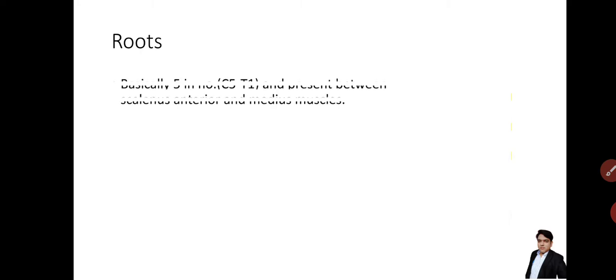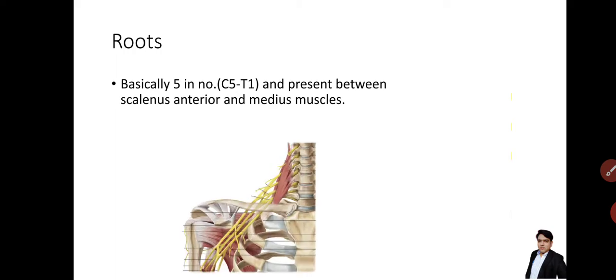So we'll see one by one. First is roots. Basically roots are 5 in number from C5 to T1, and they are present between scalenus anterior and scalenus medius muscle. So this is the muscle.